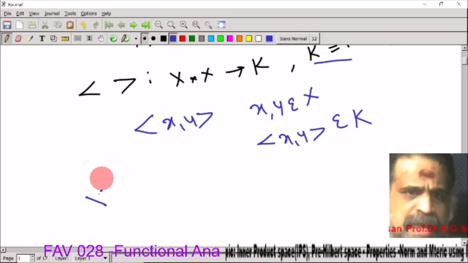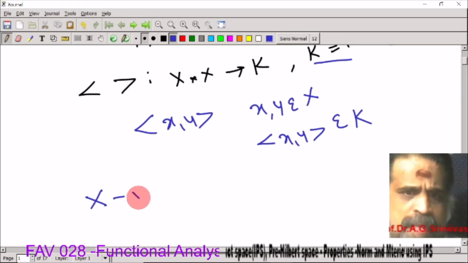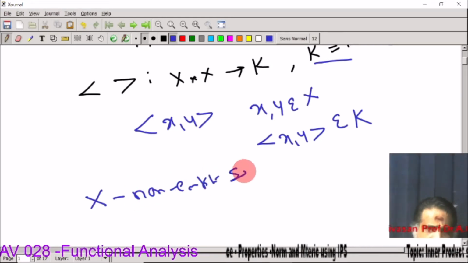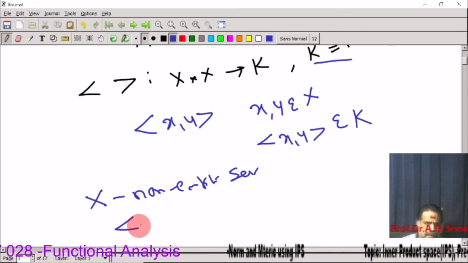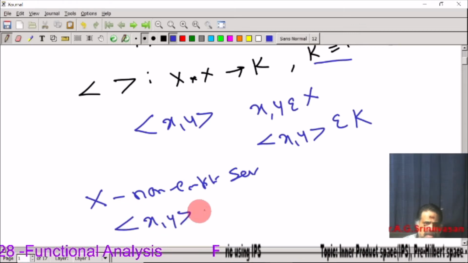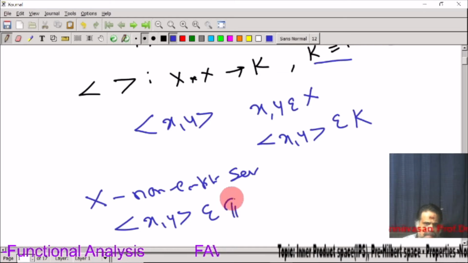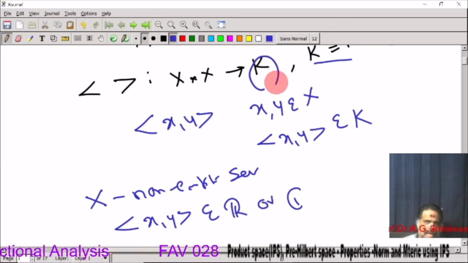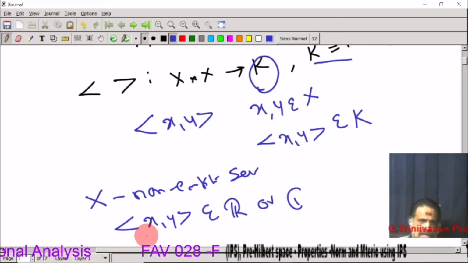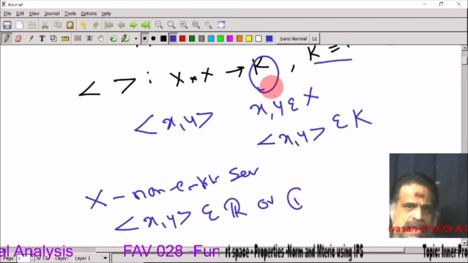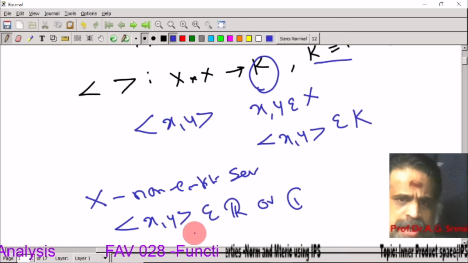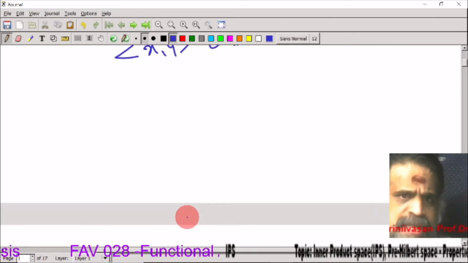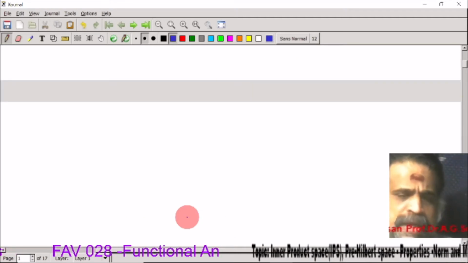Though X is a non-empty set, it can be any set, the inner product x comma y is always a real number or a complex number based on the K value. So K is R means the inner product is real. K is complex means the inner product is complex.